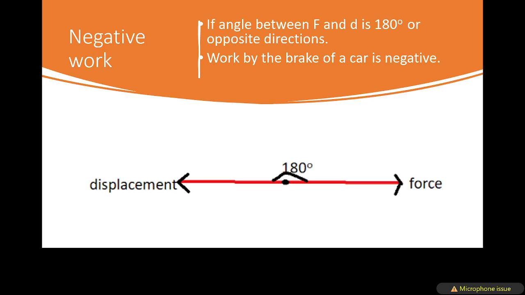If you are moving in the east direction and you are applying your brake, will that force of the brake help you to move in the east, or will it help you to stop or slow down? So that is the example of negative work.